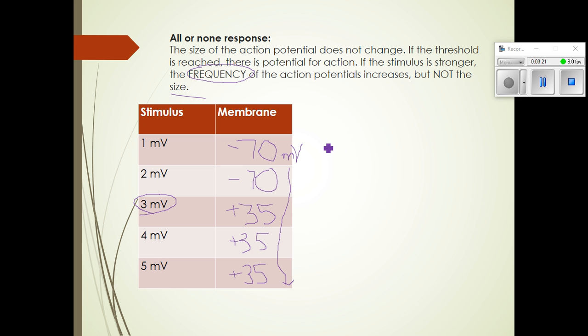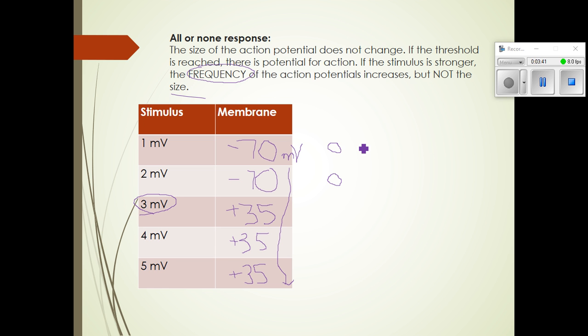If we were to take a look at how many action potentials there were, we would say that there were 0 action potentials here, 0 action potentials here. Now, when we're talking about frequency, we're usually comparing a number to a time.